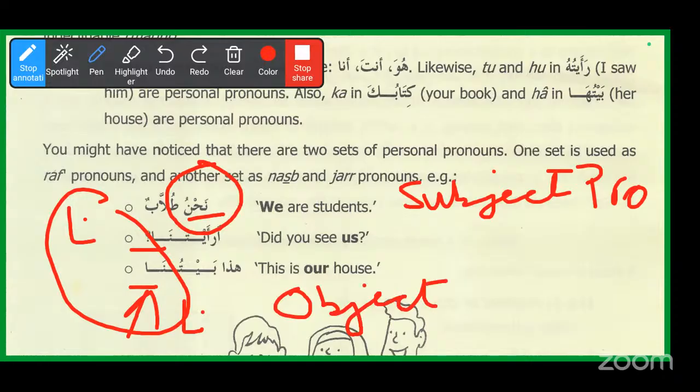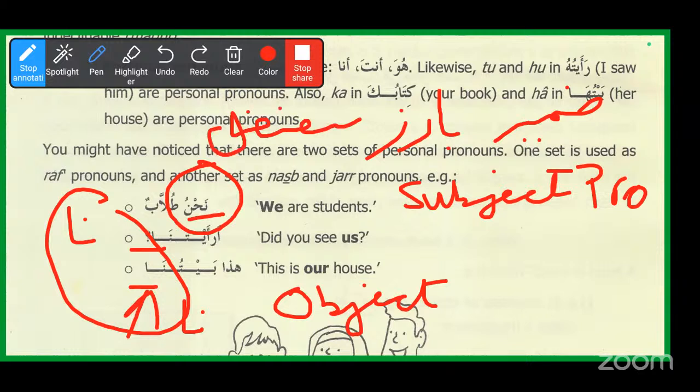Now, in Arabic, we call this dhamir munfasil bariz. I want these words. Dhamir munfasil bariz is the nahnu one. نحن هو هما هم هي هما هن أنت أنتما أنتم أنت أنتما أنتن أنا and نحن. These are ضمائر بارز مرفوع.